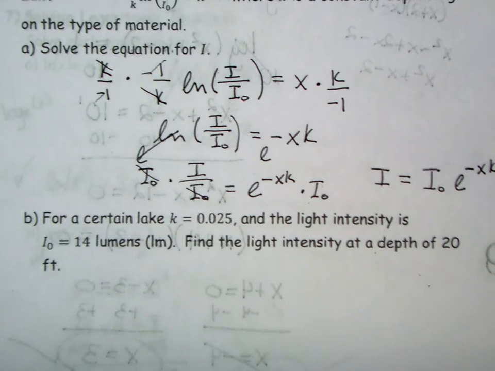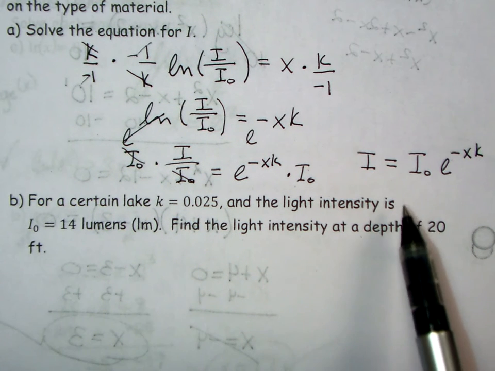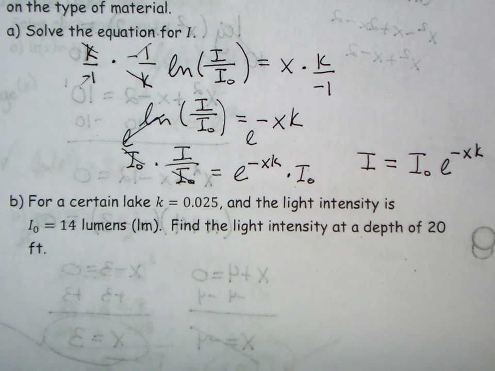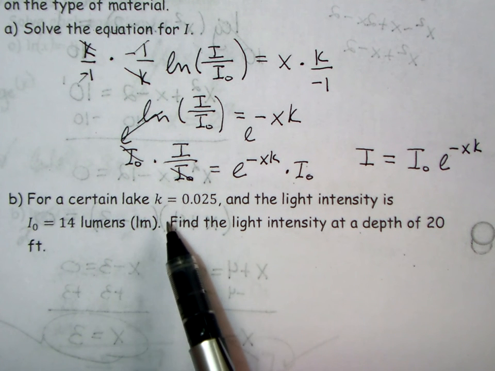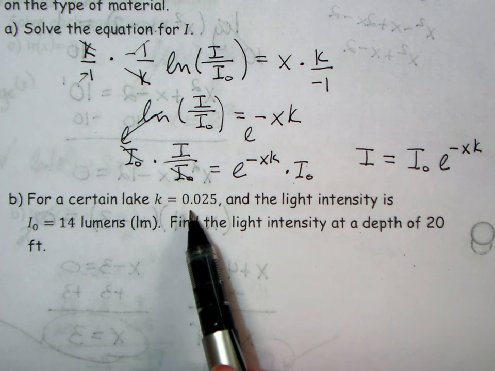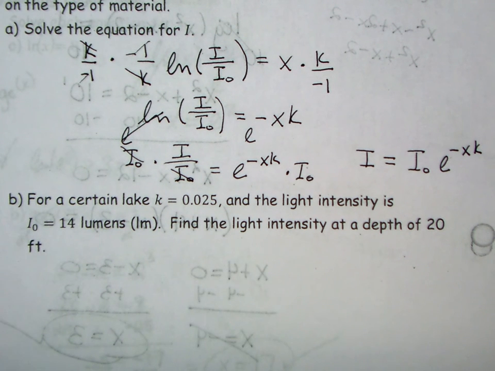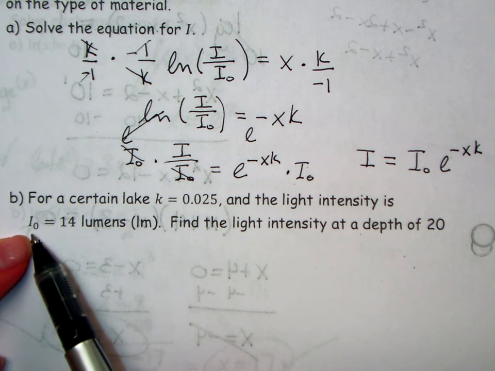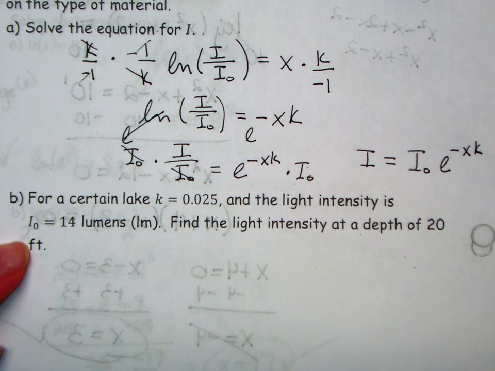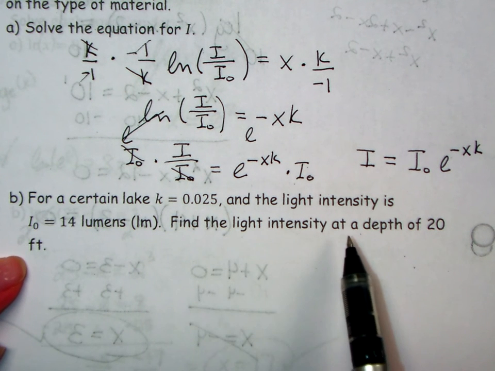On B, we're going to use our answer to solve. For a certain lake, the constant K is 0.025, and the light intensity starts off, I sub 0, at 14 lumens. Find the light intensity at a depth of 20 feet.